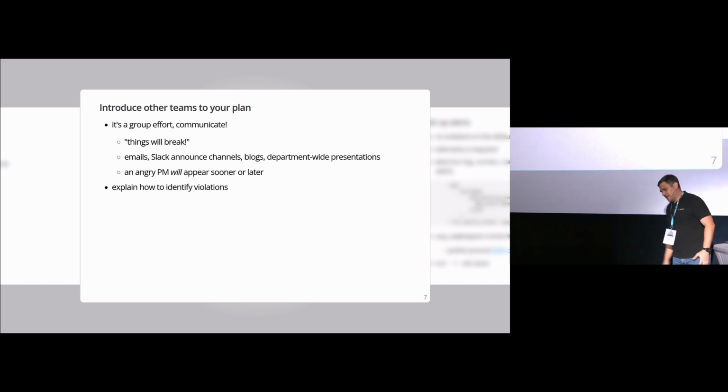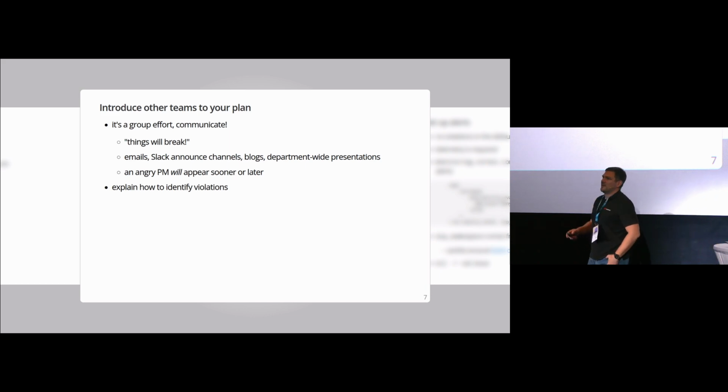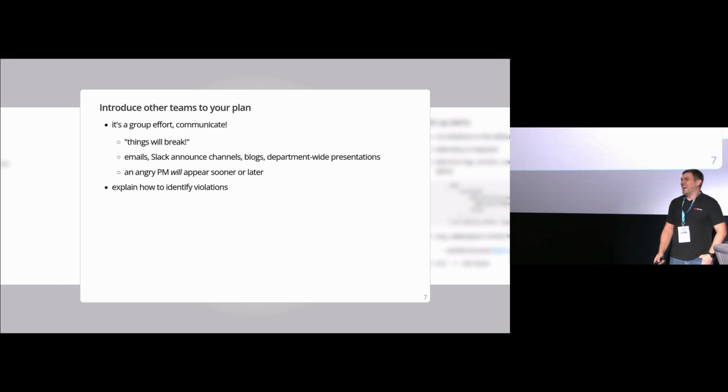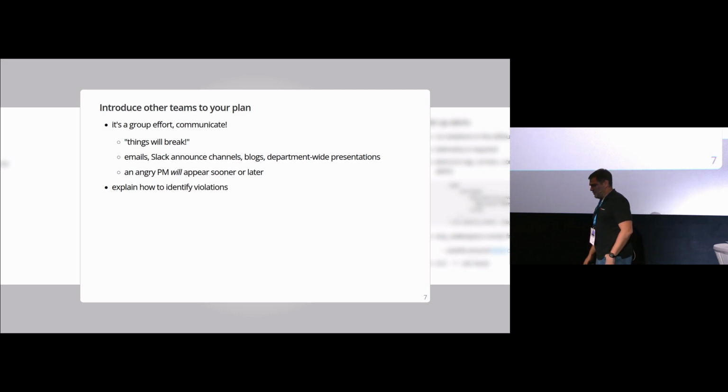Just email through the organization, do Slack announcements, write posts, create presentations. But no matter what you do, in the end, there will be a PM that will come and say, "Oh, you broke us, you darn fellas. How could you?"